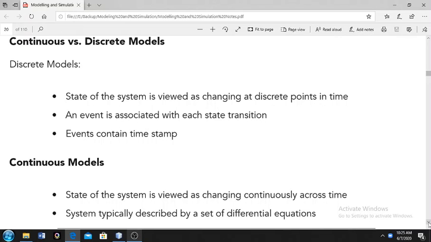Generally, what's the difference between discrete and continuous? Something is discrete when it can take known values, and generally these values are not many. For example, when they say discrete math, why do they call it discrete math?